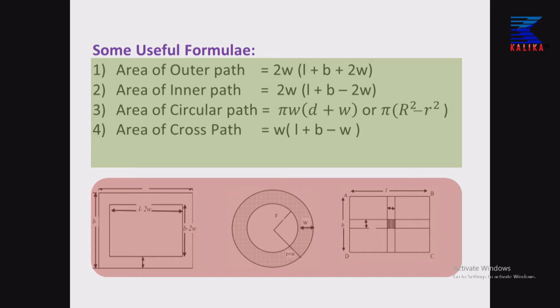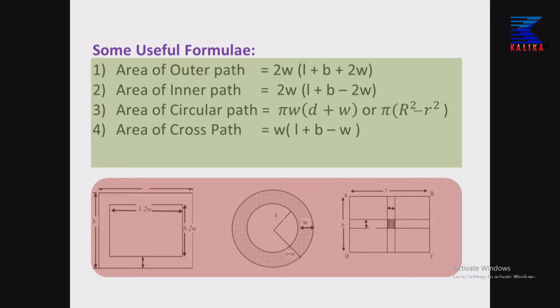Okay. So, dear students, for your revision you can read that area of outer path formula is 2w(L + B + 2w), and area of inner path is 2w(L + B - 2w).